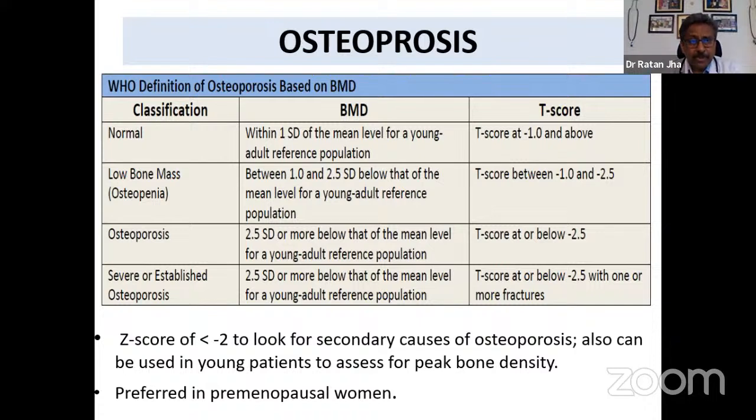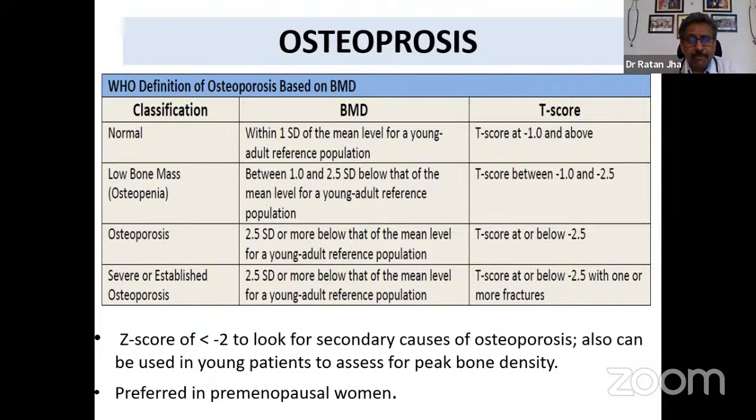WHO has defined osteoporosis based on bone mineral density, which is obtained from the computerized scanning that we do. If the bone mineral density is within one standard deviation of the mean for a young adult reference population, it is considered normal.